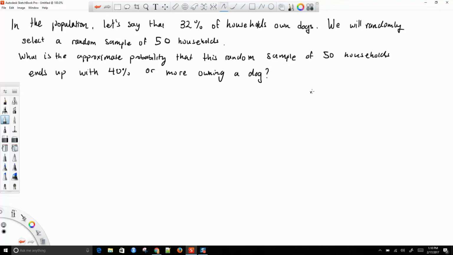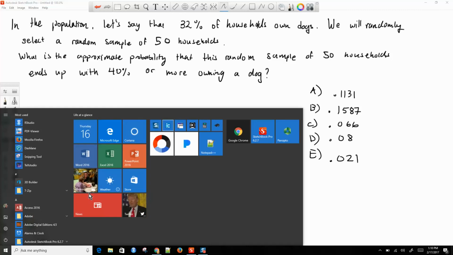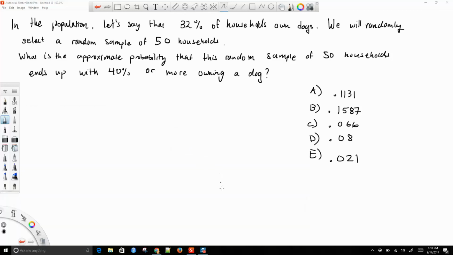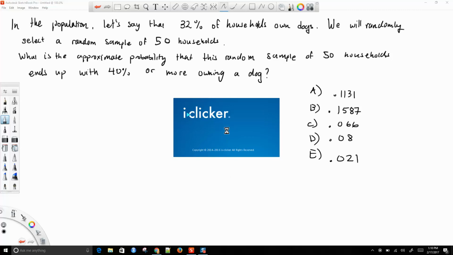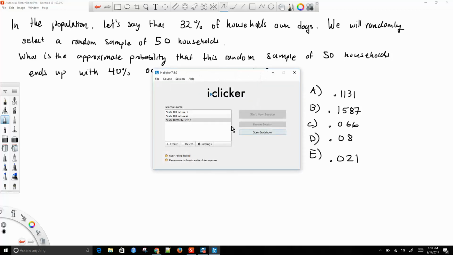Okay, all right, I'm going to put some answers in. I hope this time one of the answers will be correct. So your choices will be 0.1131, 0.1587, 0.066, 0.08, 0.021. Okay, let me get the clicker software running. Start a session here.